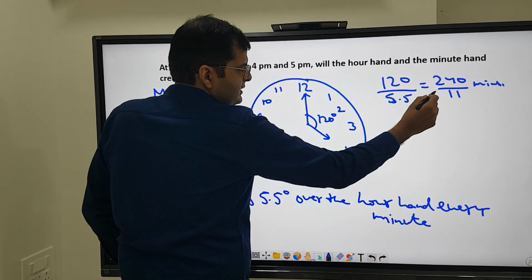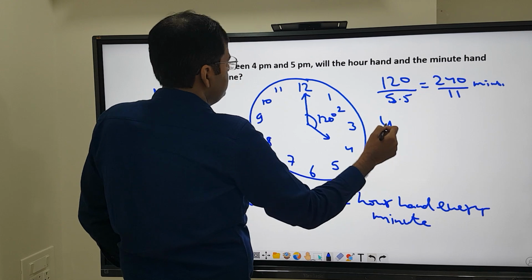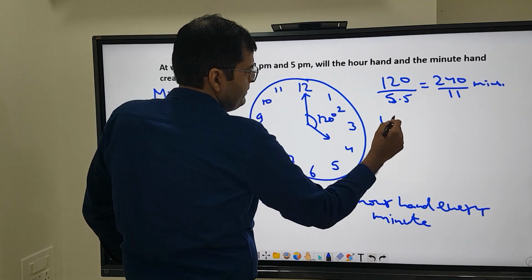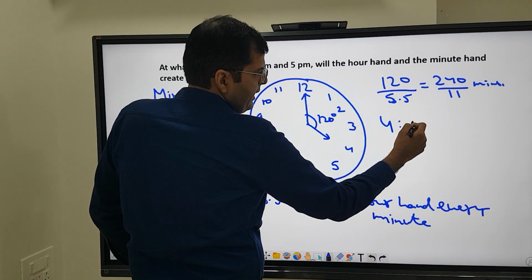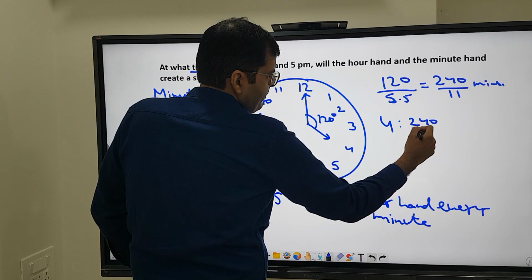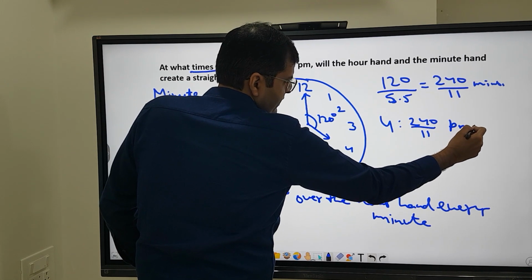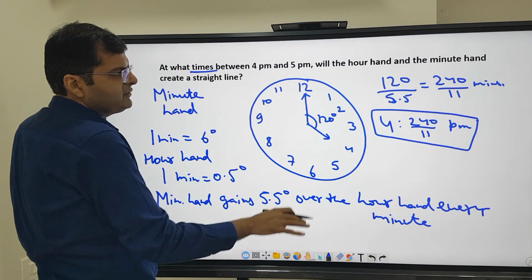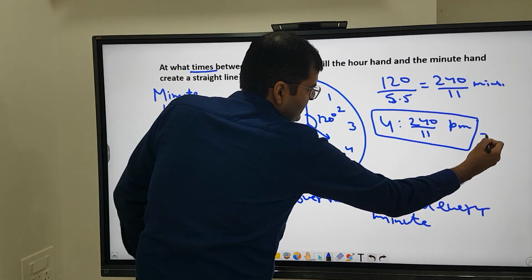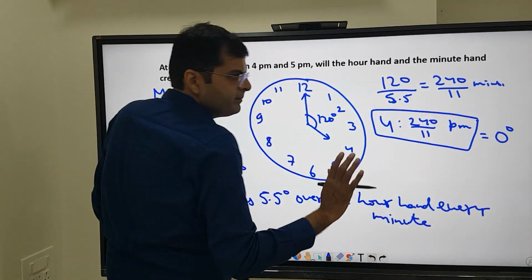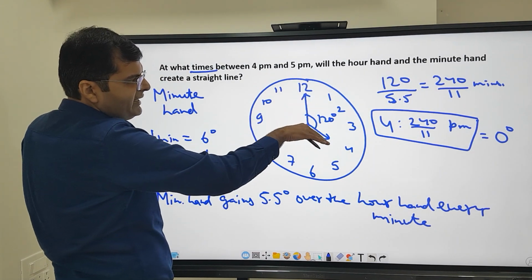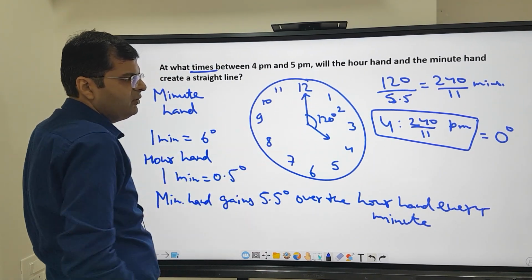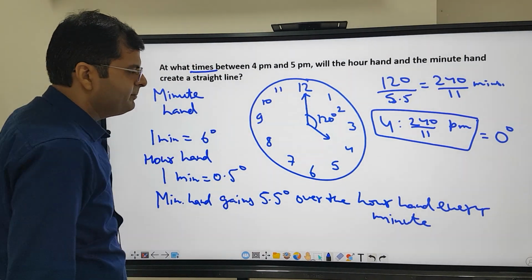So that means between 4 p.m. and 5 p.m., at 4 and 240 upon 11 minutes, this is the first time both the hands will create a straight line, because at that time they will make 0 degree. Why 0 degree? Because the minute hand has gained this 120 degree over the hour hand to overlap.